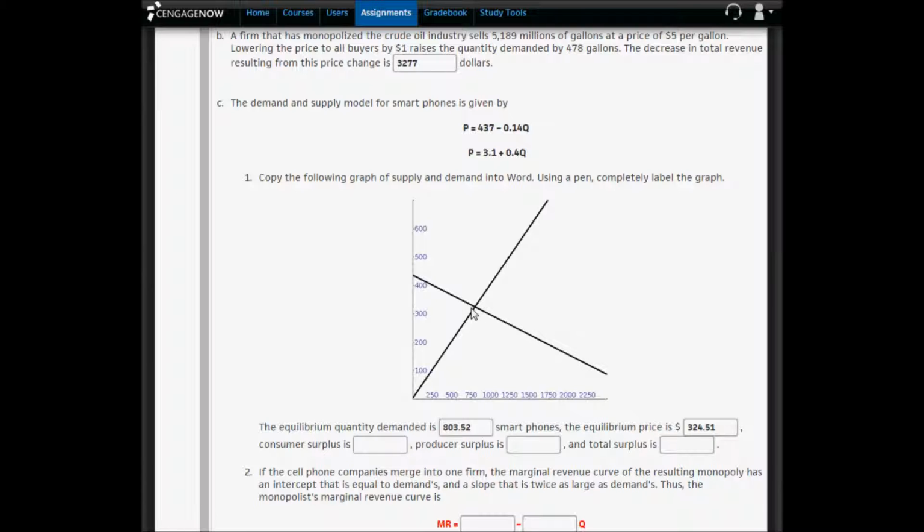Now the consumer surplus is the triangle here. It's this triangle. The height of the triangle is the difference between the intercept 437 and the equilibrium price. The width of the triangle is the equilibrium quantity.